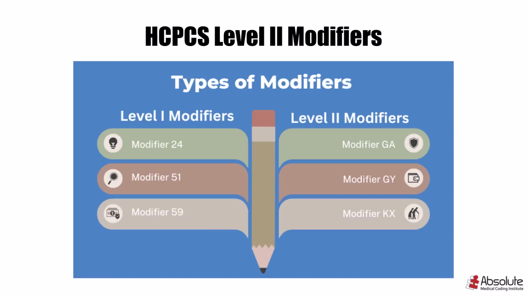It can enhance it or reduce the value of the code. Let me explain. If a procedure took place, let's say a doctor carried out a cesarean section. This might not be a good example, but we're going to go with it.